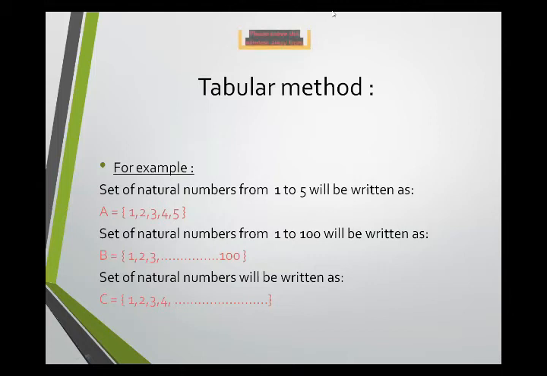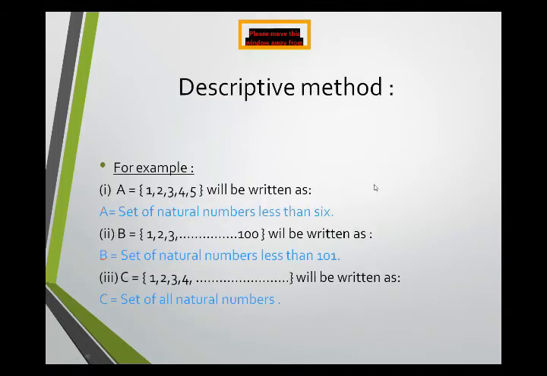Now the next one is how to represent a set by the descriptive method. Here are some examples. First one is A is equal to 1, 2, 3, 4, 5 will be written as.